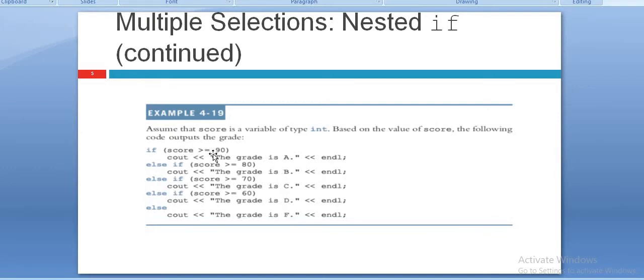For example, if we are not using the else statements and the score is 81, then this will be false and the grade A will not be printed, and these three statements will be printed.